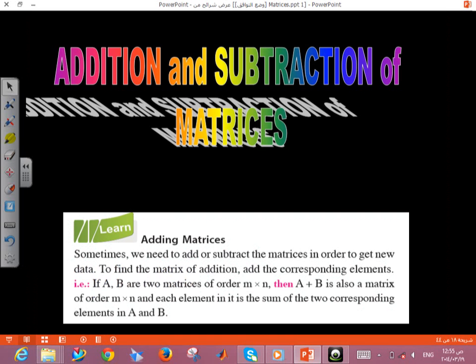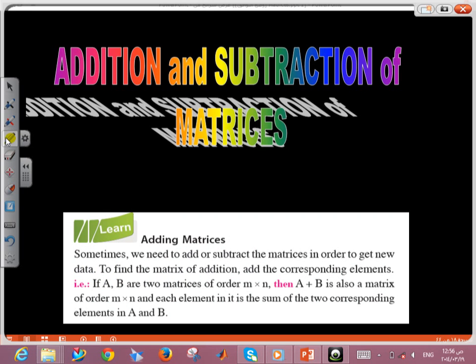Addition and subtraction of matrices. Okay, that is another lesson. Sometimes we need to add or subtract matrices in order to get new data. To find the matrix addition, we add the corresponding elements. If A and B are two matrices of order M by N, then A plus B is also a matrix of order M by N. You see now, this is very important.